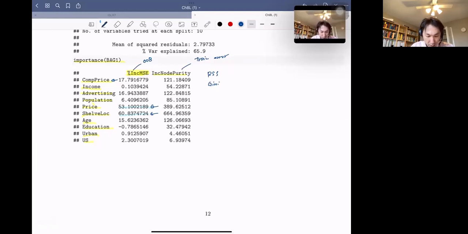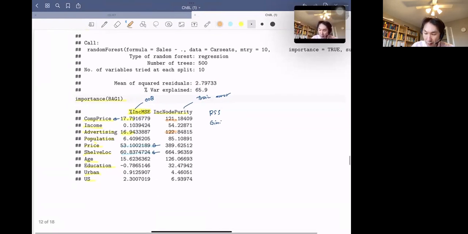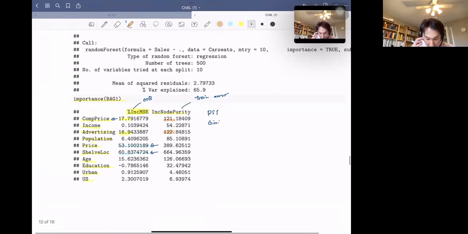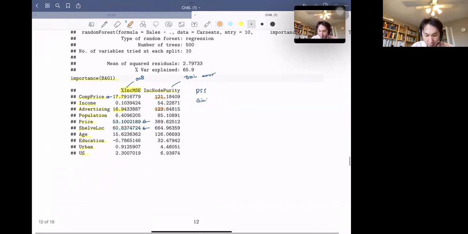These are slightly different relationships. For example, this number is slightly larger than this, but this number is slightly smaller than this. So these two are slightly different measures, but both represent the importance of predictors.